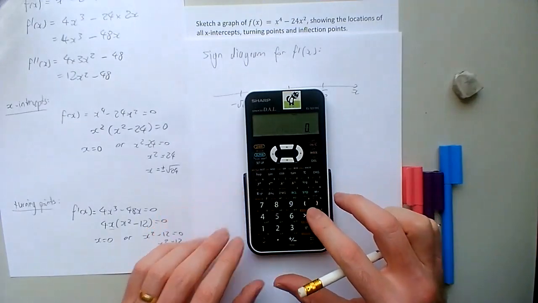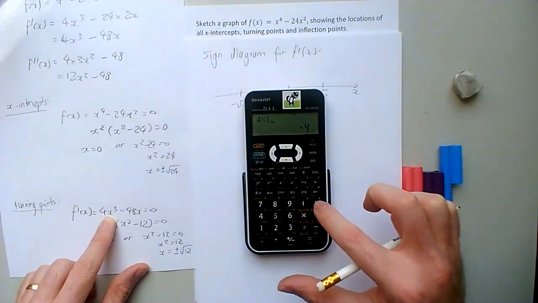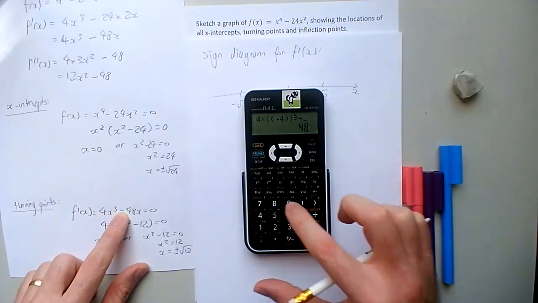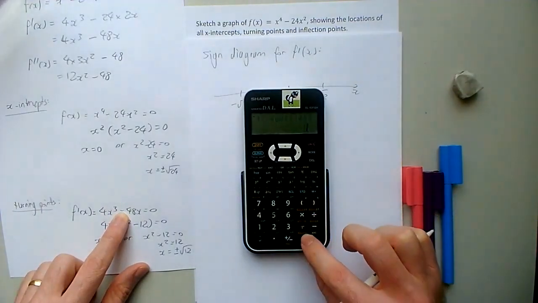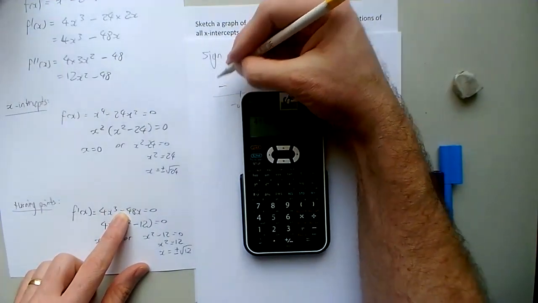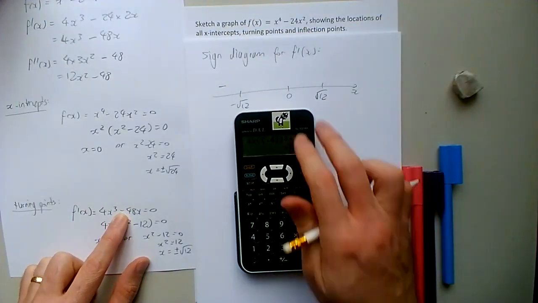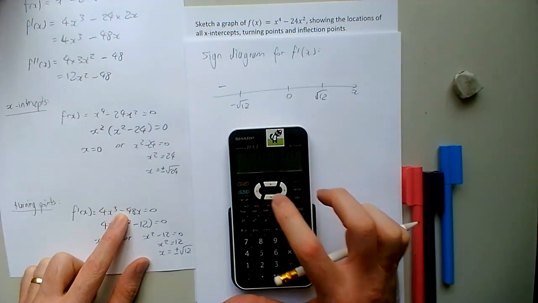Yeah, we've got 4 times minus 4 cubed minus 48 times minus 4. So we get negative here. Okay, and in this next zone, somewhere between here, I think a minus 1 would work.